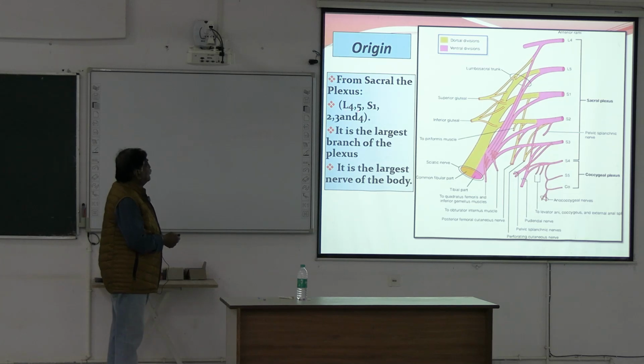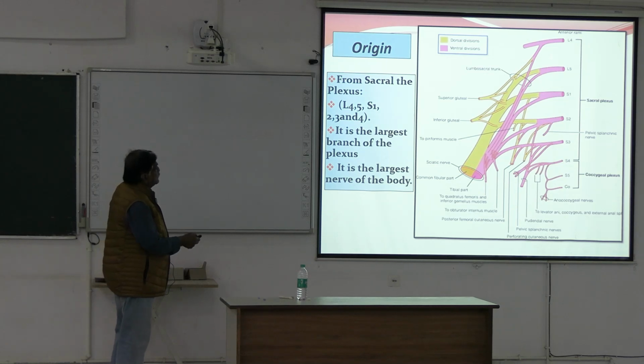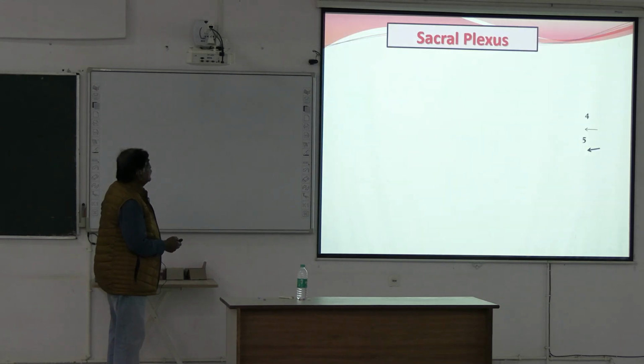Now, from L4, 5, S1 and S2, 3 and 4, it is the largest branch of the plexus. This is the sciatic nerve. This is the tibial part in pink, and in yellow, the common peroneal part. It is the largest nerve of the body.